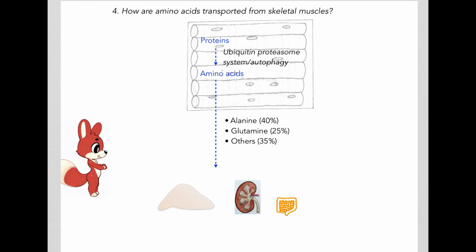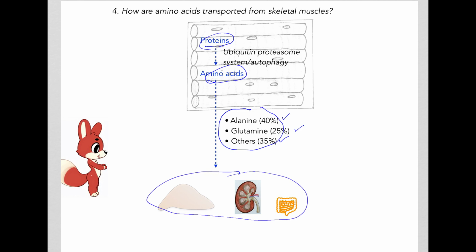Okay, so this is how the skeletal muscles convert the amino acids that come from the breakdown of proteins into either alanine or glutamine, or it could transport some of these amino acids to the gluconeogenesis organs. Now let's see how do these gluconeogenesis organs actually use these amino acids, especially alanine and glutamine.